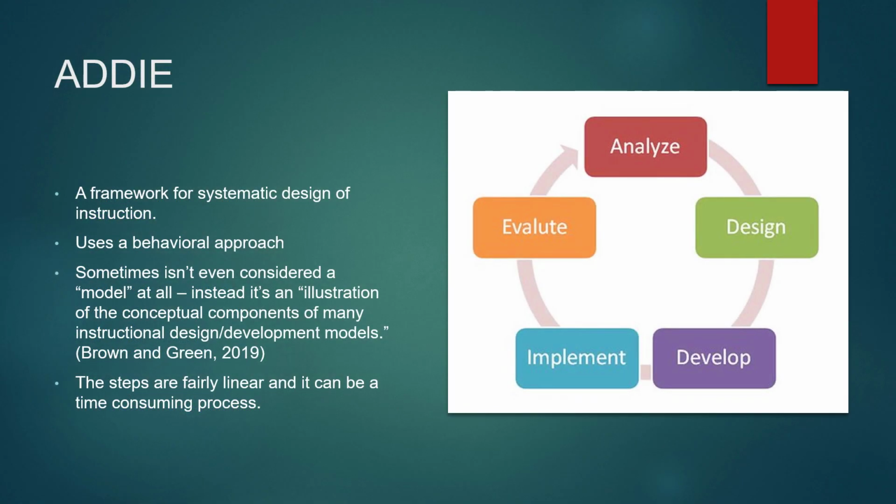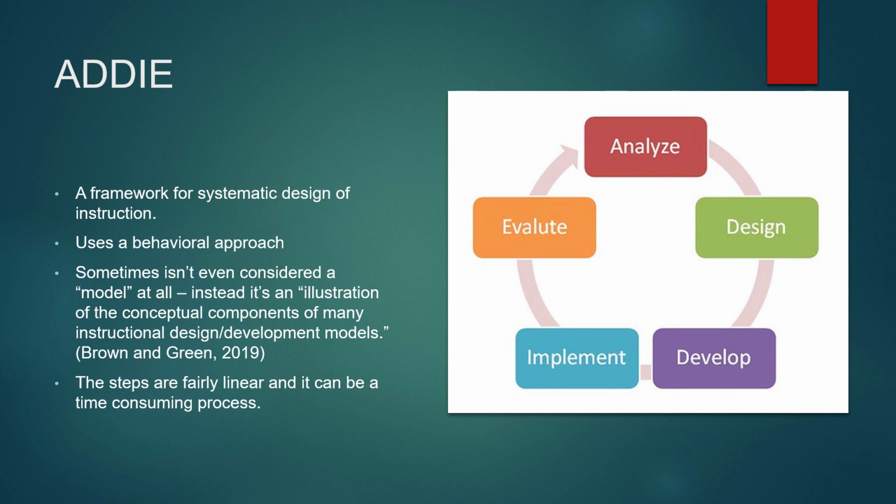ADDIE stands for Analysis, Design, Development, Implementation, and Evaluation. In the analysis stage, the instructional designer is analyzing learner characteristics and the instructional environment. In the design stage, the instructional designer is designing learning objectives, learning activities, and things like digital learning objects, storyboards, and scripts.